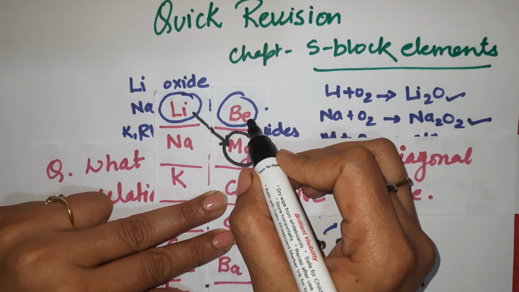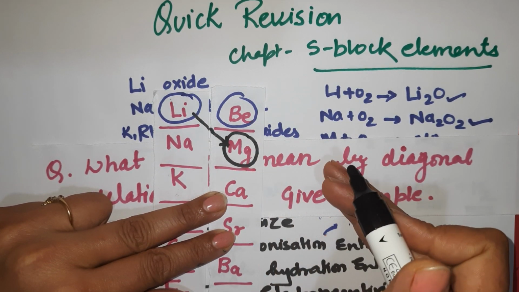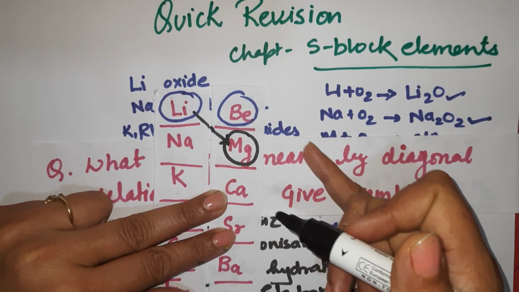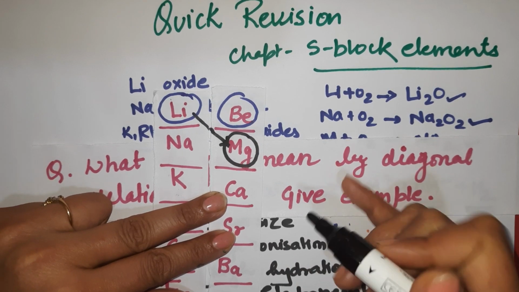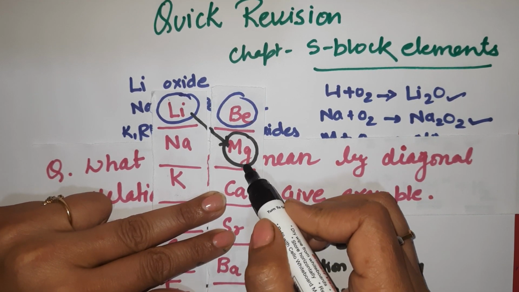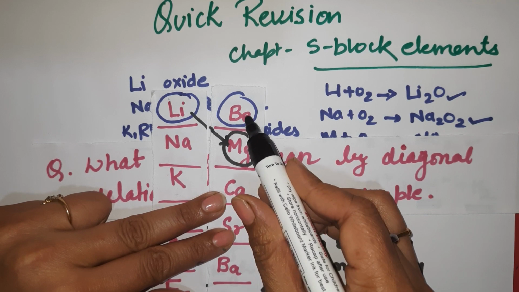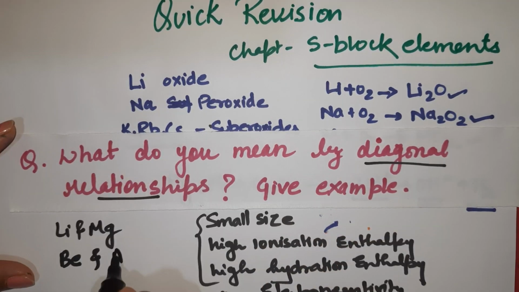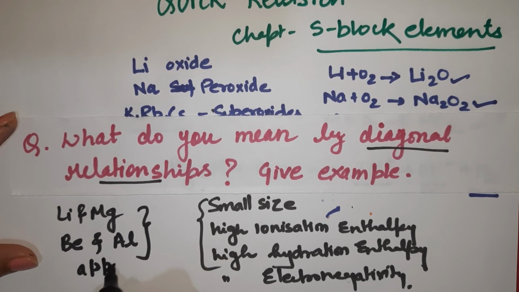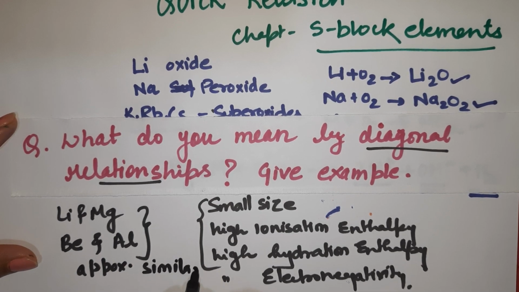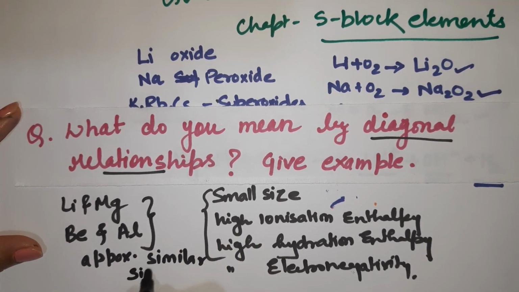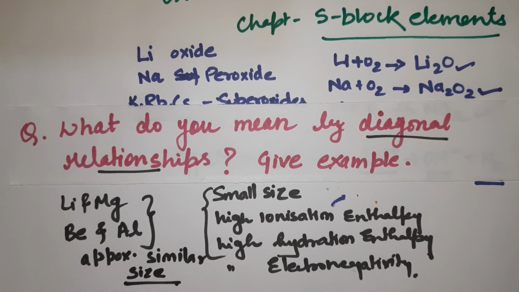And beryllium shows a diagonal relationship with aluminium. So lithium shows a diagonal relationship with magnesium, and beryllium shows it with aluminium. They have approximately similar size. This is the prime reason.